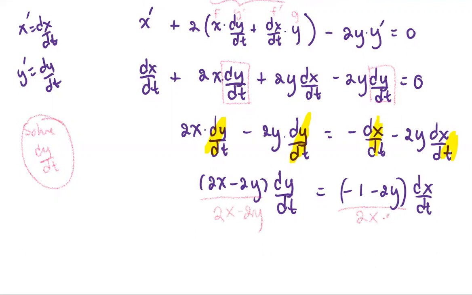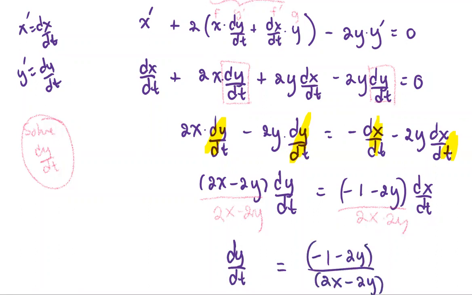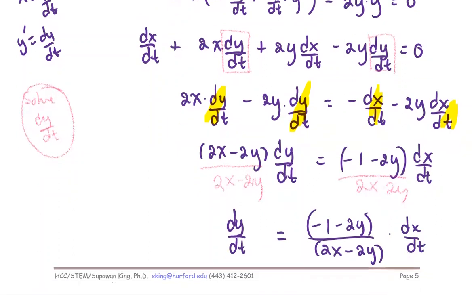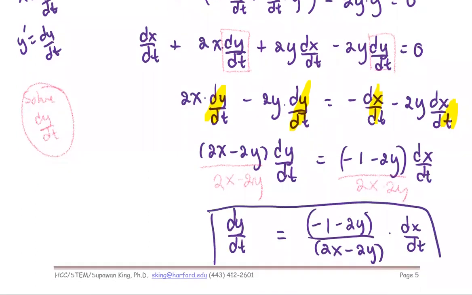Our answer: dy by dt equals the quantity negative 1 minus 2y divided by the quantity 2x minus 2y, multiplied by dx dt, with dx dt considered as one quantity. So this is the answer for this problem.